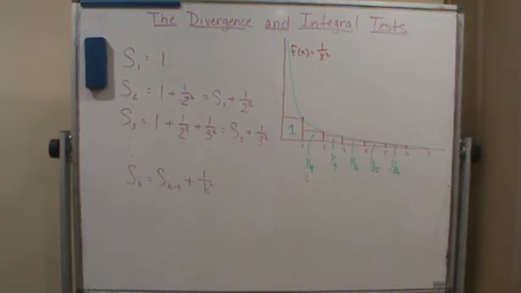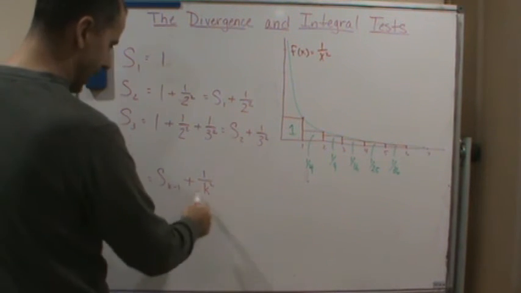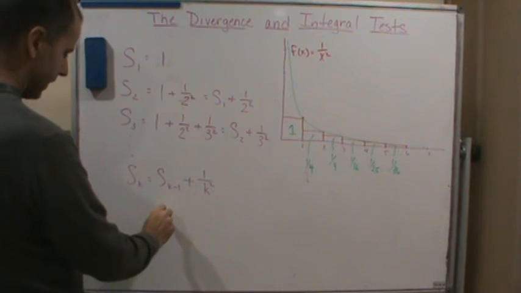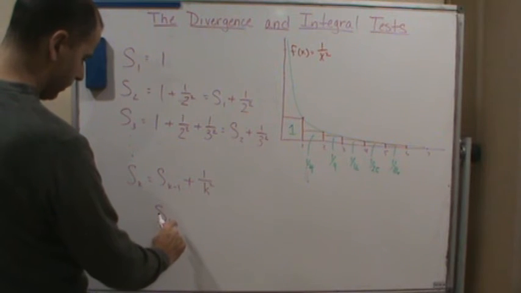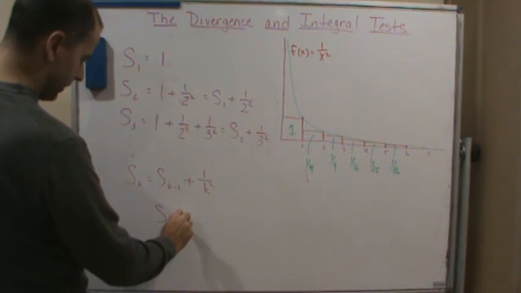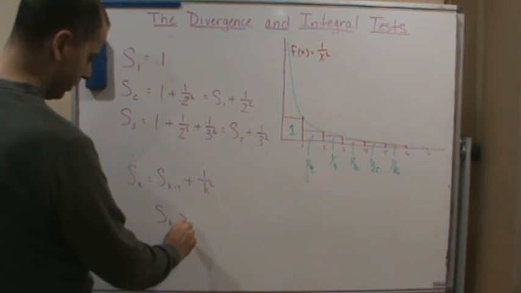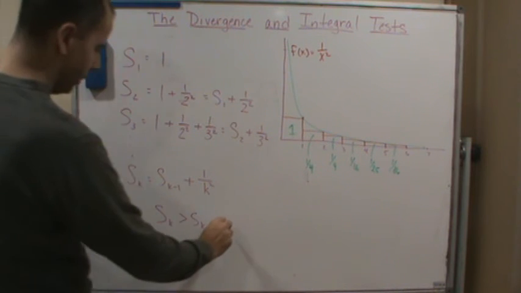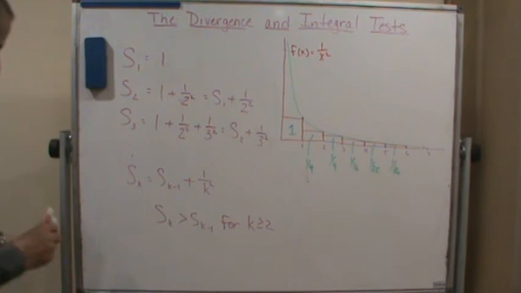Okay, so now you can see that since k is always positive, we're always adding a positive value, and so we can see that S sub k is always greater than S sub k minus 1 for all k greater than or equal to 2.